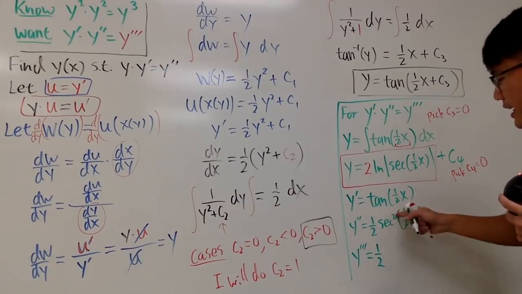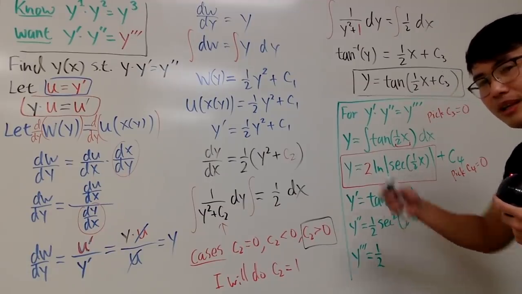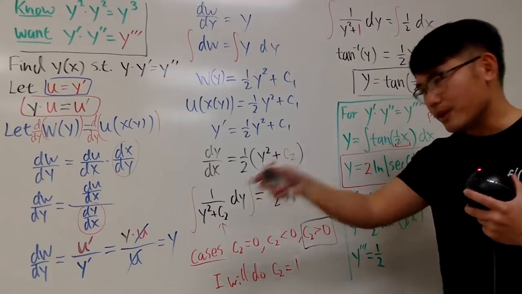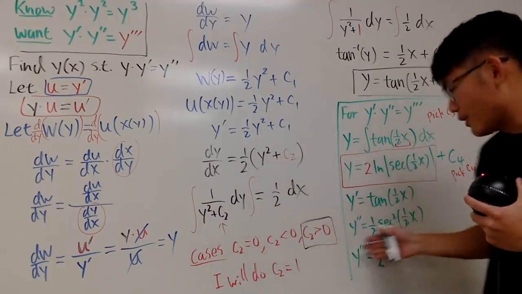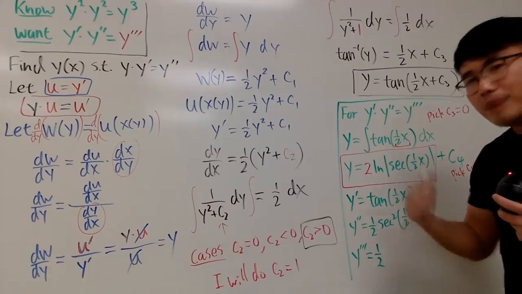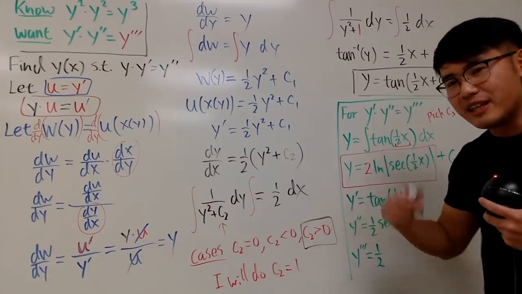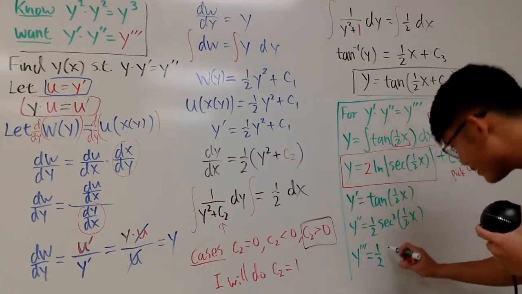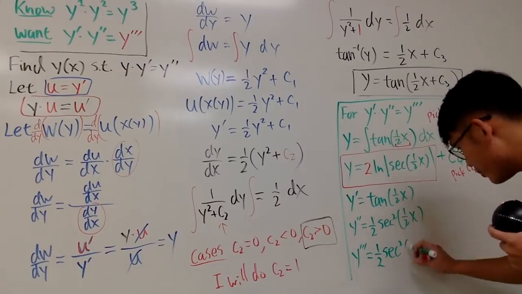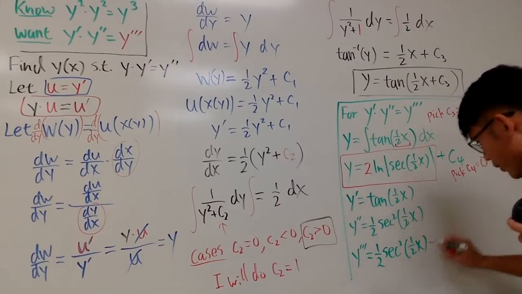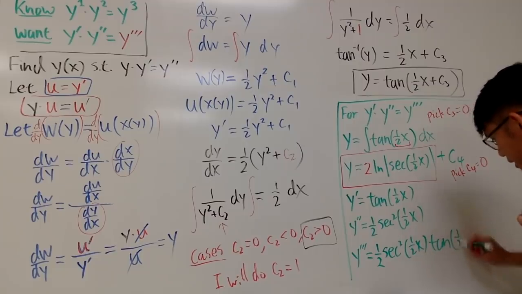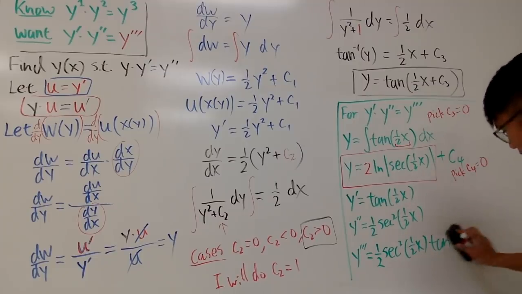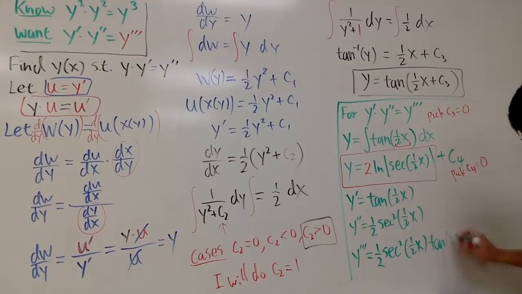And then the derivative of secant square, it's technically secant to the first power now after you bring the power to the front, but multiplied by the derivative of secant, which is secant tangent. So you still end up with secant square. And then the input stays the same, and you also have to multiply by the tangent of the same input, like this. And again, this right here is just a Cal 1 question now.